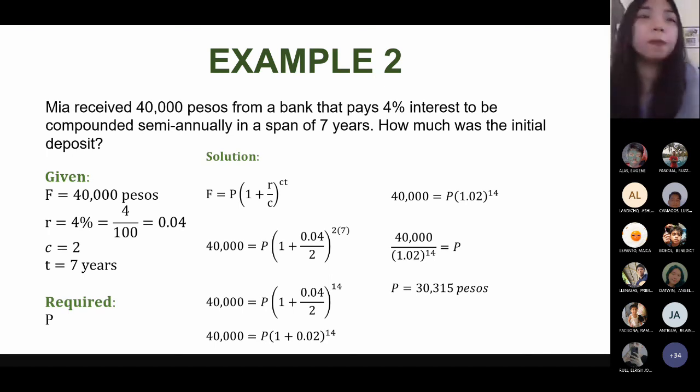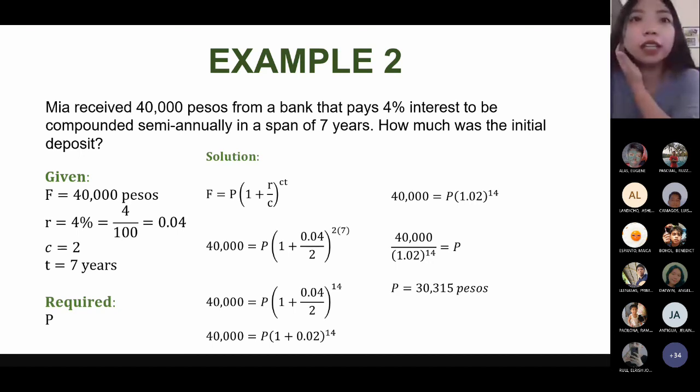So substitution, yung ating maturity value, 40,000 pesos, that is equal to our principal amount. Wala pa tayong principal amount, kaya P lang muna yung ilalagay natin dito. Multiplied by 1 plus our rate in decimal form, of course, 0.04 divided by yung compounded semi-annually, that is our period. So, divided by 2 raised to C times T, so 2 times 7 years.